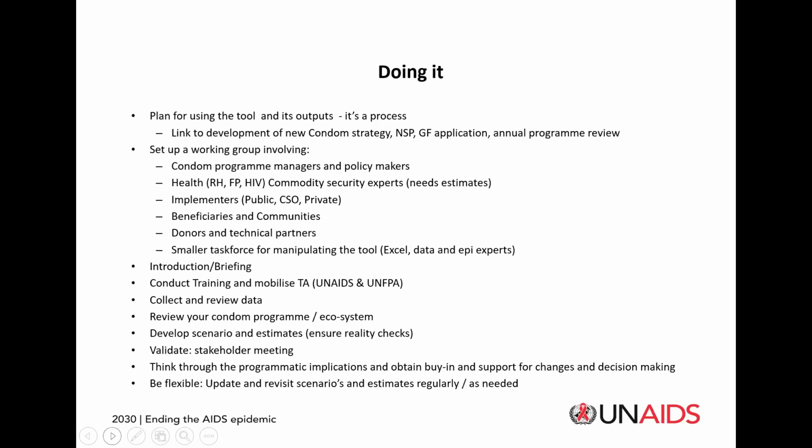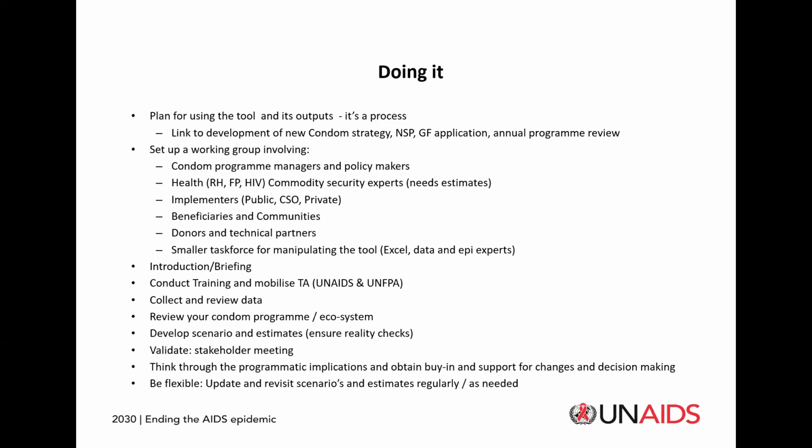And critical in the process is really to set up a working group which involves all key stakeholders. You need to build ownership around these estimates, especially around the target setting and the needs for specific populations, together with your stakeholders. Don't leave it only to the experts or to the people who traditionally do estimates of commodity needs, reproductive health commodity needs.